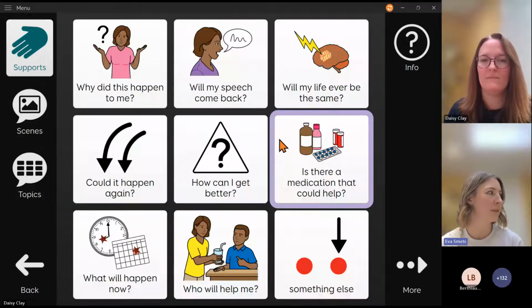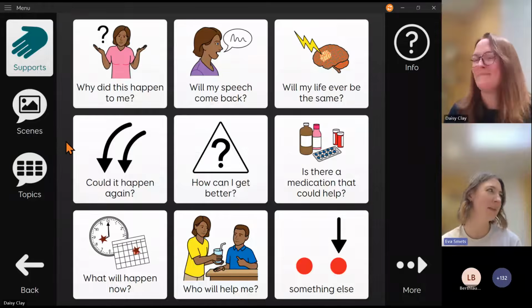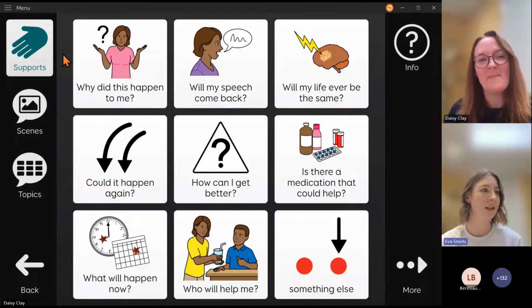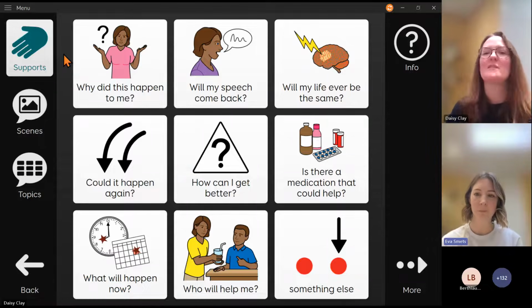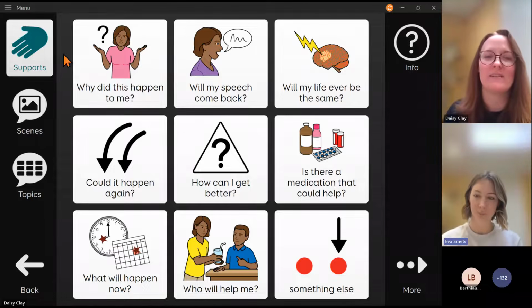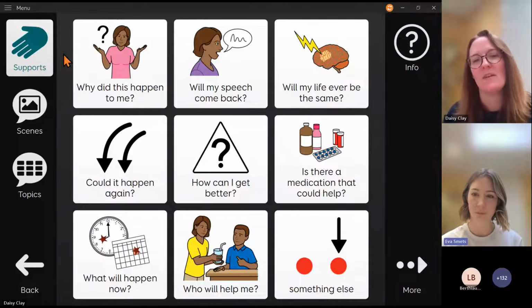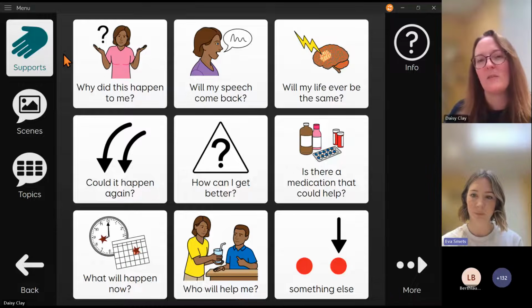There's a really nice piece of research that influenced that, Daisy, didn't it? Yeah, absolutely. So as Ava was saying, mental health is important for all of us, but looking at the research around people with aphasia and what they're experiencing, the rate of mental health difficulties is much higher.